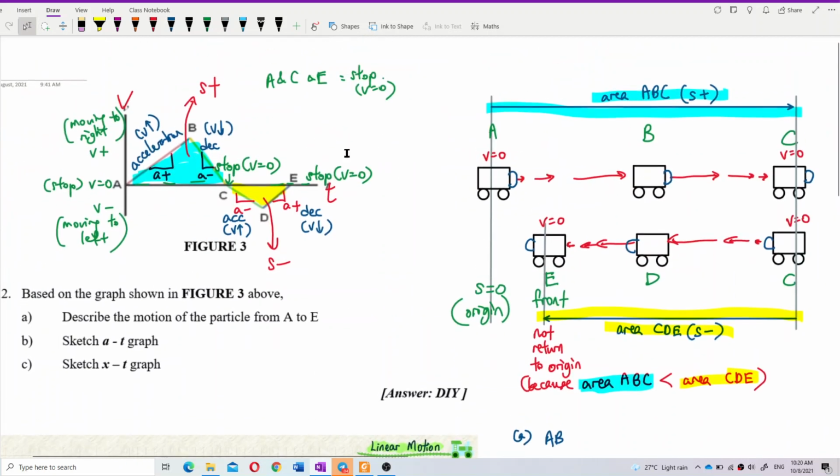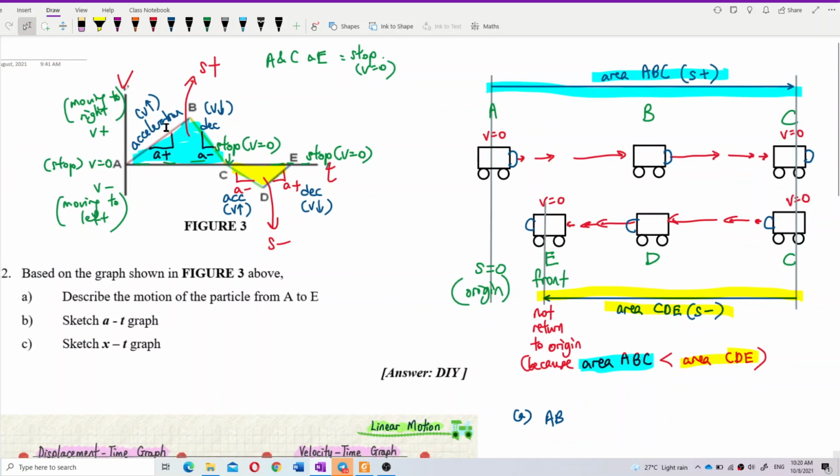By comparing the area, you want to know whether it returned or not. Compare the area above and below the graph. You total them up. We can say here is S positive, here is S negative. Let's put this as S1 and this one as S2. S1 plus S2: a positive value plus a negative value.